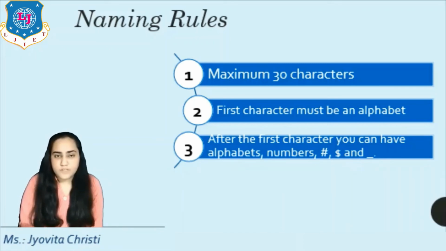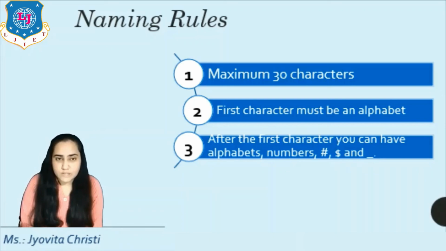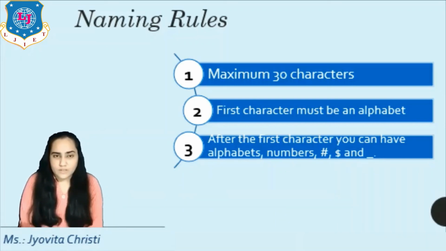So after the first character, you can either have an alphabet or you can have numbers, you can have special characters like hash, dollar, and underscore. These are the things that are allowed once you have the first character as an alphabet.